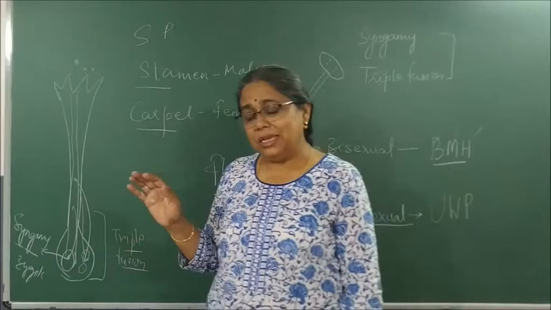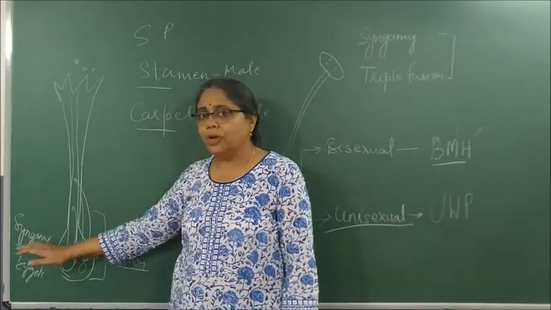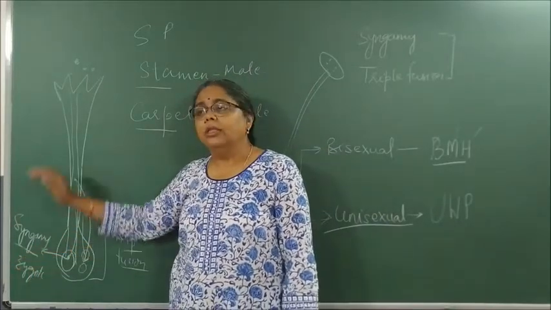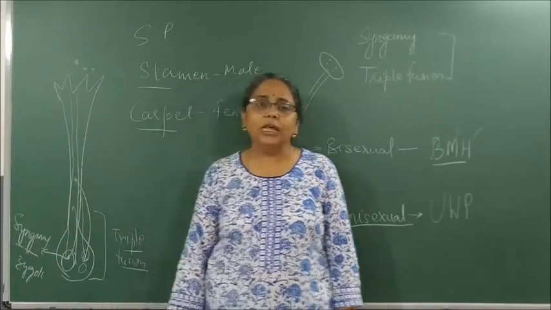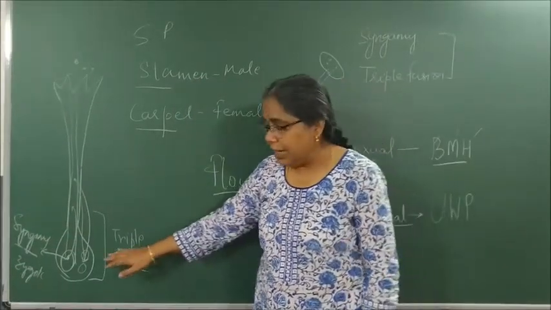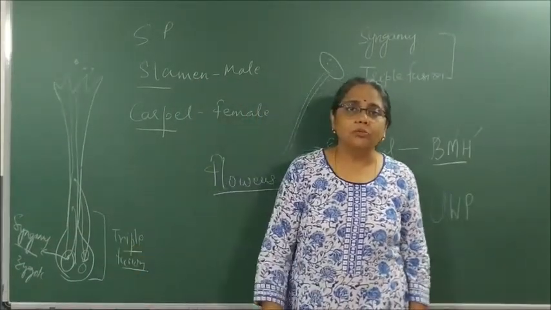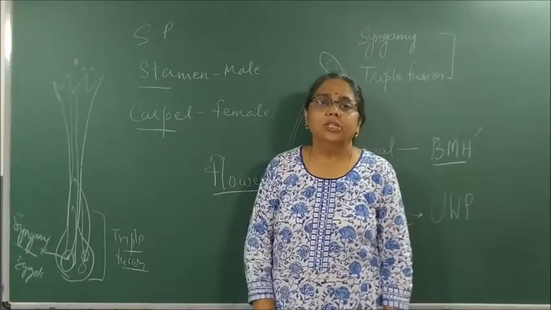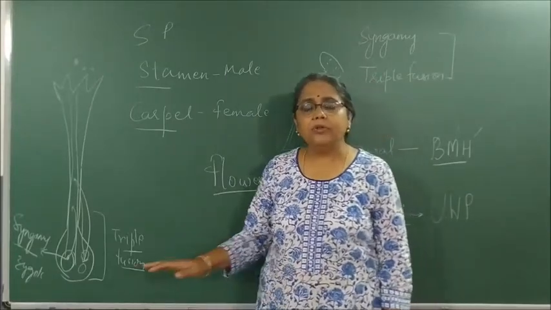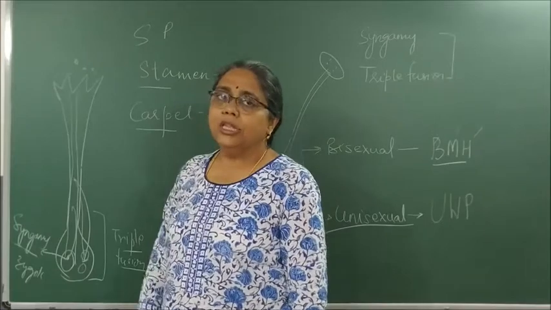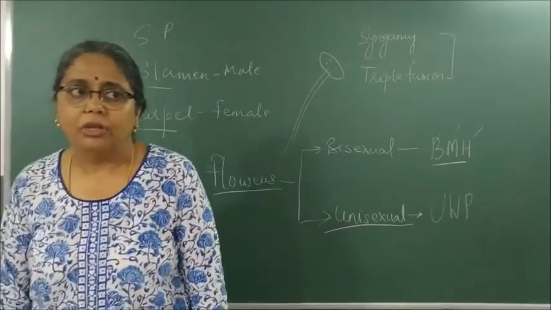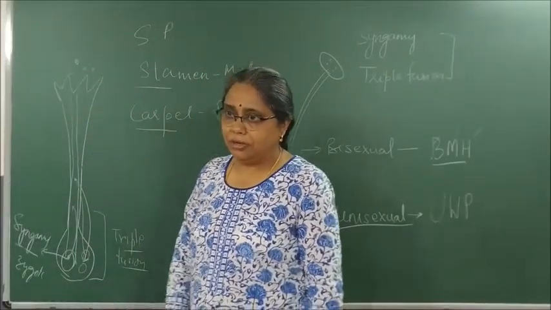Syngamy, and it results in the production of zygote. The other pollen grain fertilizes with the 2 polar nuclei, and this process is called as what? Triple fusion. Syngamy and triple fusion taken together is called as what fertilization? Double fertilization. Clear?